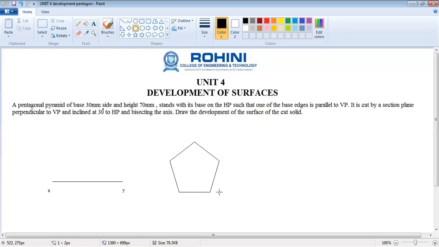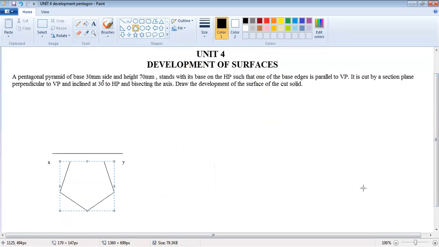We can draw the pentagon like this, or like this. Both shapes are accepted for a pentagon resting on HP with its base edge parallel to VP. So this is the base, and this base edge is parallel to VP or the XY line.